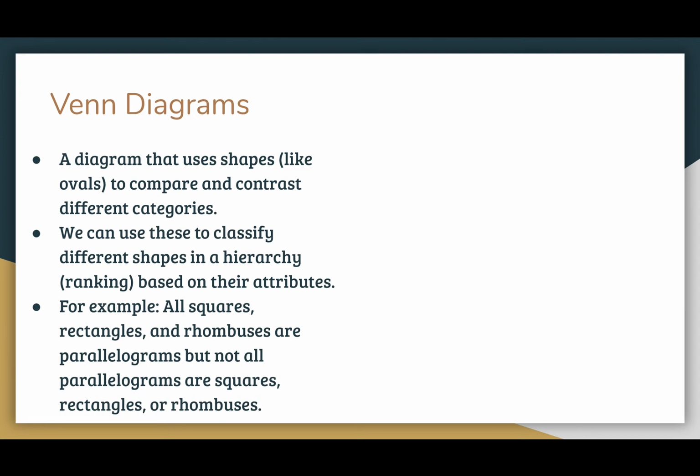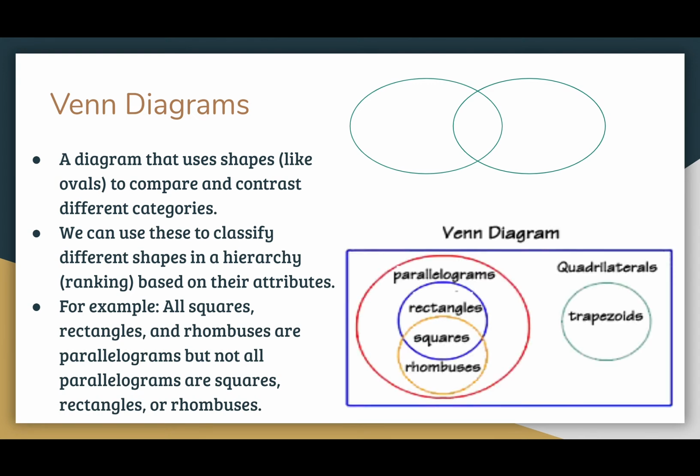In order to categorize these different polygons, these different shapes, we're going to be using Venn diagrams, okay? A Venn diagram is using shapes like ovals we see here to compare and contrast different categories. And we can use these to classify different shapes in a hierarchy or a ranking based on their attributes. So we can look down here, this Venn diagram gives us quadrilaterals.